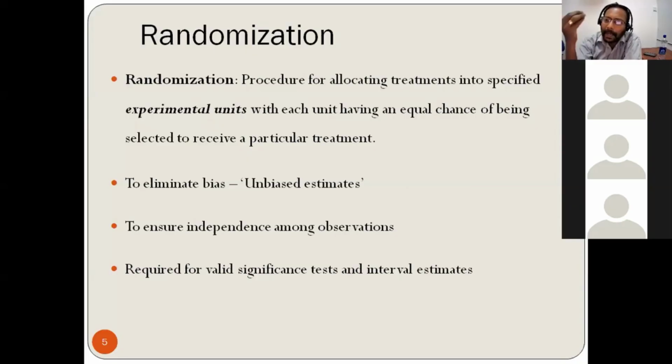So usually we do sampling and we do calculations. The value that you are calculating, suppose it is sample mean or sample variance, will have high weightage. Why? Because it is coming from unbiased sampling.